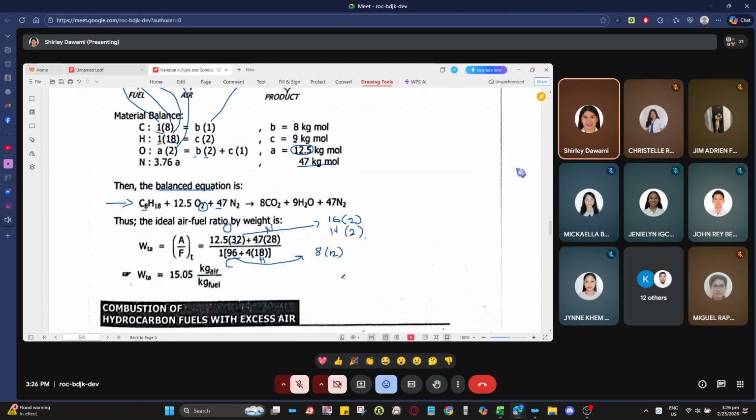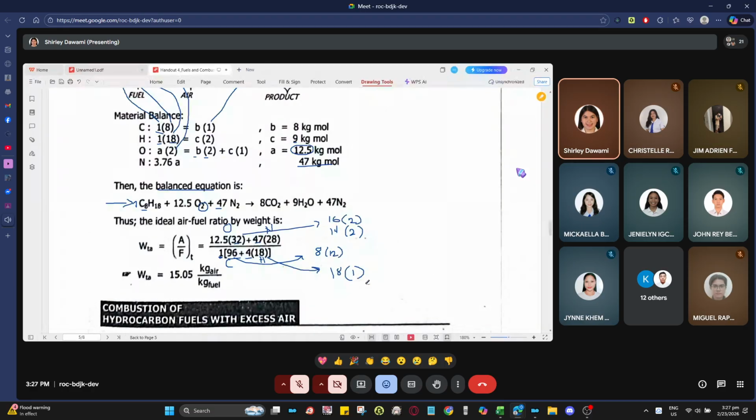Then 18 is from the hydrogen, whose molecular weight is only 1.